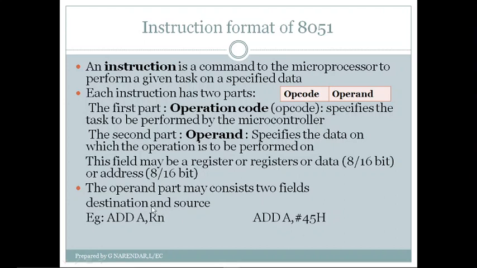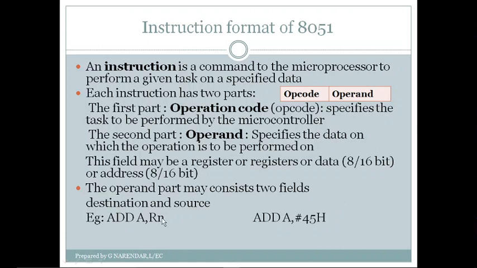So here the operand part is two registers, the first register is called the destination register, and the second one is called the source register. So this ADD is the opcode part, which tells you the operation, that it is the addition operation to be carried out, and the second part is the operand part, which tells where the data is present on which the operation is to be performed.